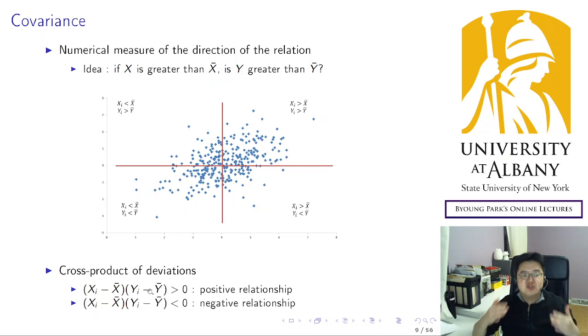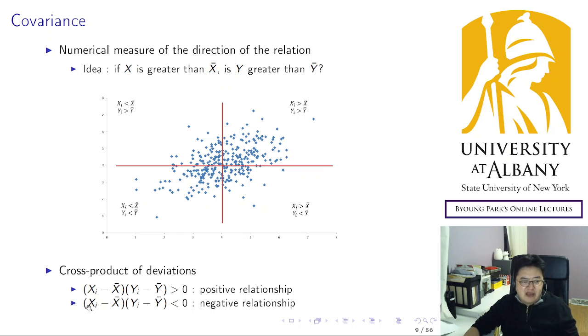If both moved together, if both increased or both decreased, their changes have the same sign. Therefore, when you multiply them, the product is always positive.